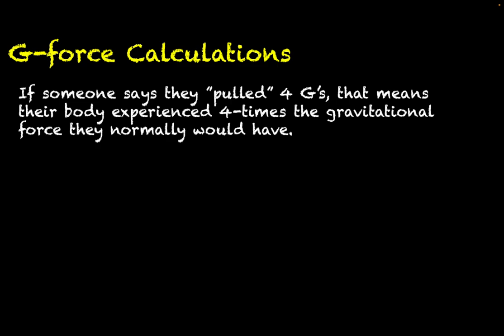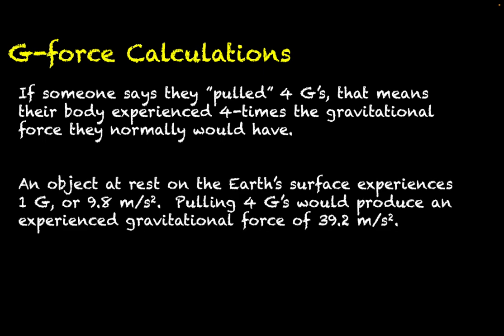Now, when we're talking about the actual G-forces, colloquially, if someone says they pulled 4 Gs, what that really means is that their body experienced 4 times the gravitational force than they normally would have experienced. So when you're standing on terra firma, when you're not in an airplane, you are always experiencing 1 G. That is 1 times the equivalent of Earth's force of gravity.